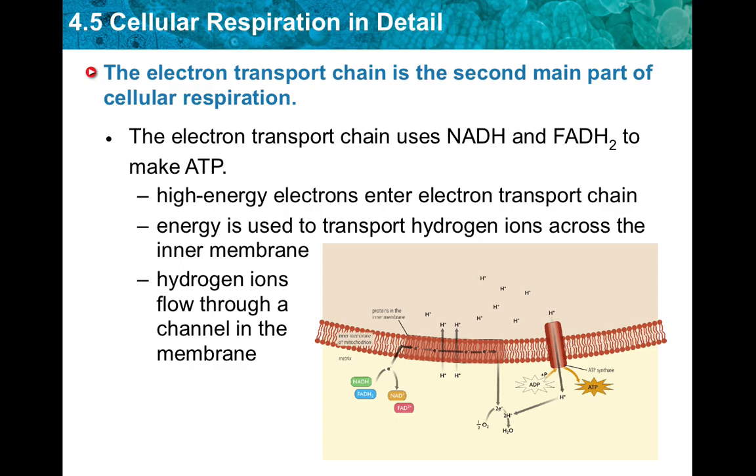High energy electrons travel through the proteins in the ETC. The proteins use energy from the electrons to pump hydrogen ions across the inner membrane to produce a chemiosmotic gradient, just as in photosynthesis. Hydrogen ions build up inside the mitochondrial membrane.